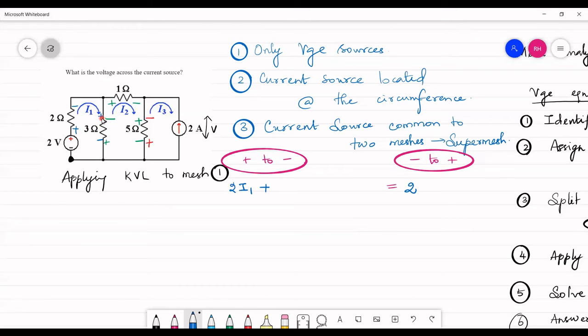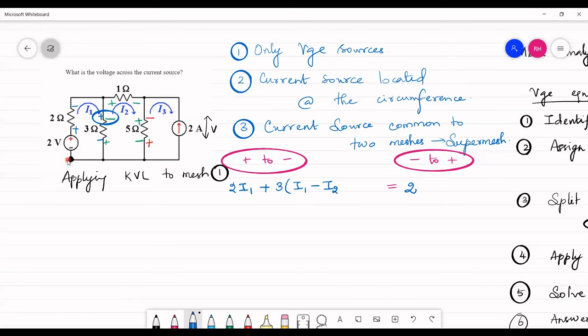So if you see here, 3 into I1 minus I2. There are different polarities, right? So 3 into I1 minus I2.